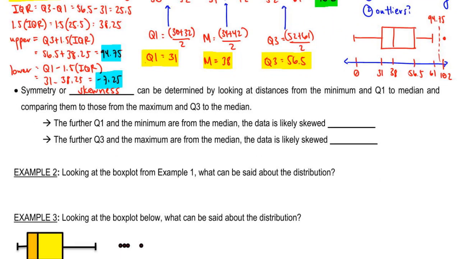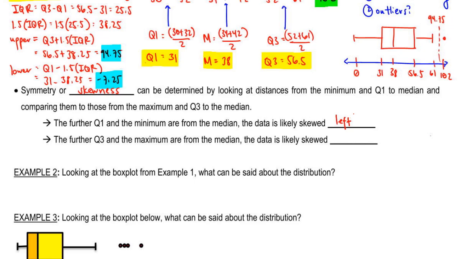So the further Q1 and Q3 are from the median, it's actually likely skewed. The further Q1 and minimum are from the median, it's going to be skewed to the left. Why?